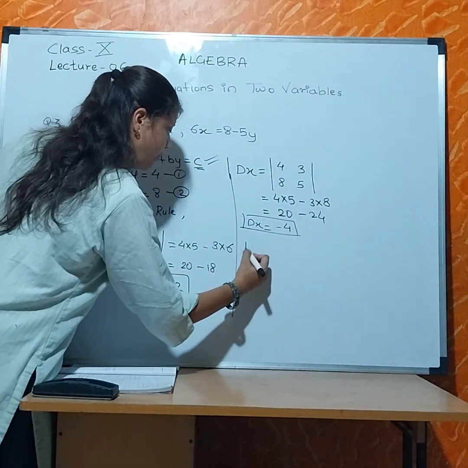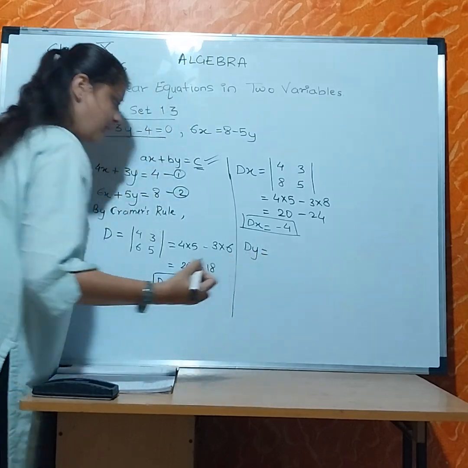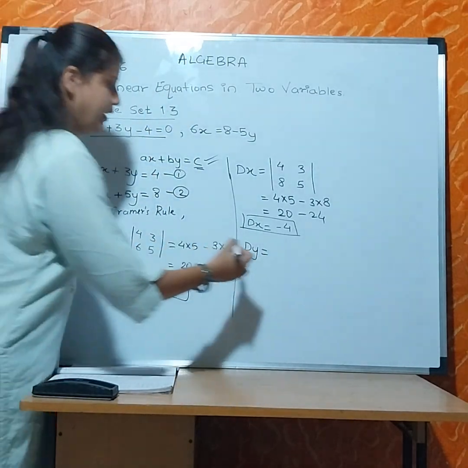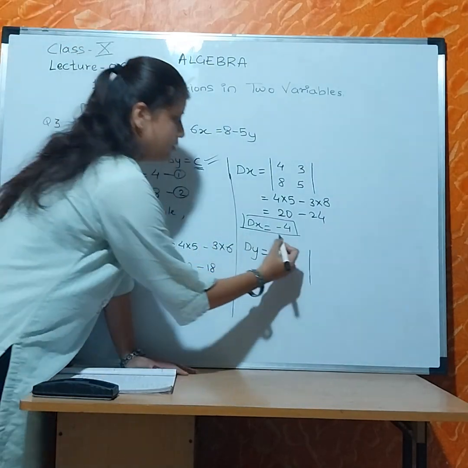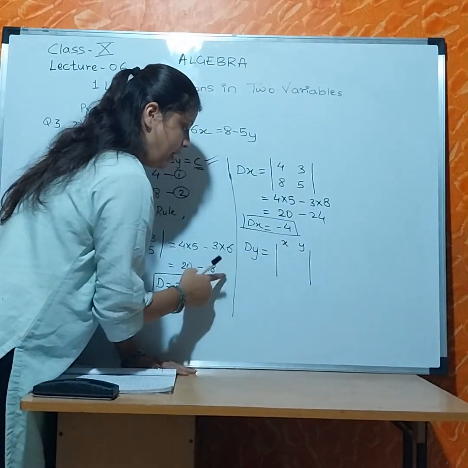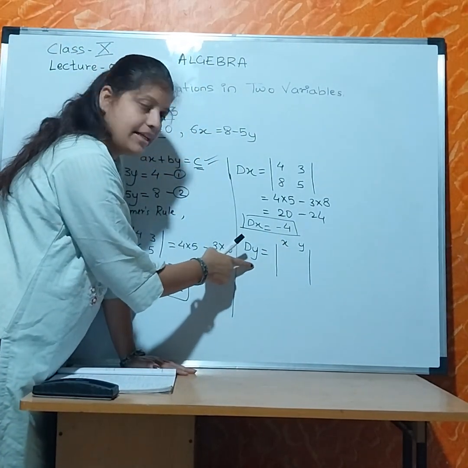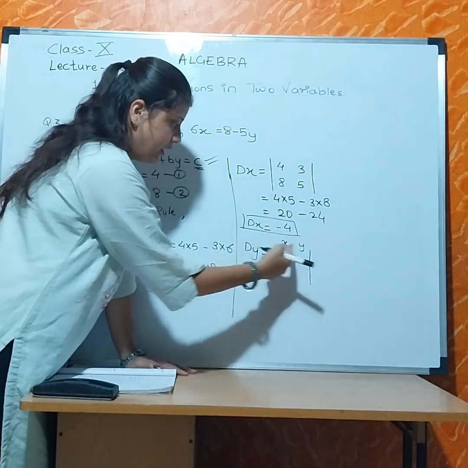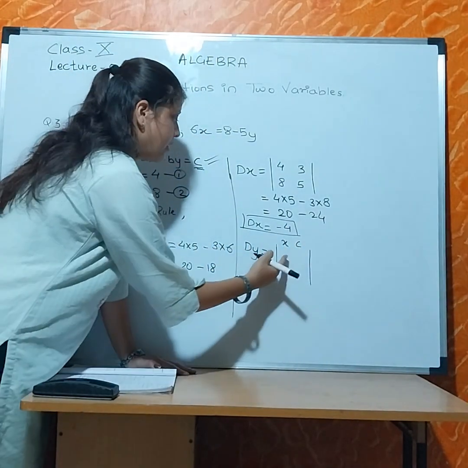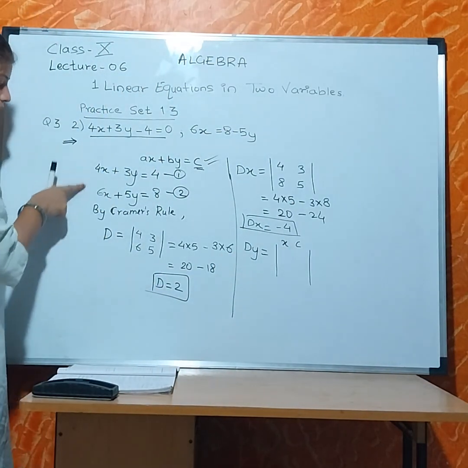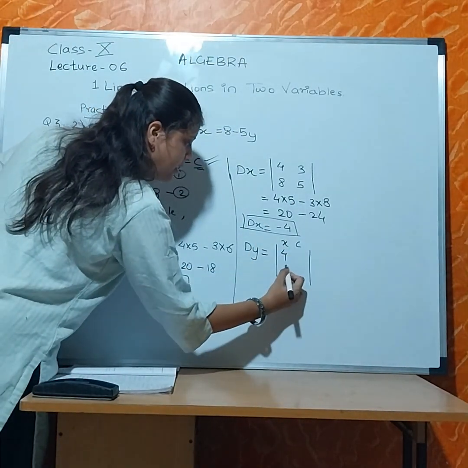Next, we will find Dy. Now how to find Dy? Here in the determinant we will write the values of x and y, but as here it is Dy, in the place of y we will put c. So what are the coefficients of x? 4 and 6.